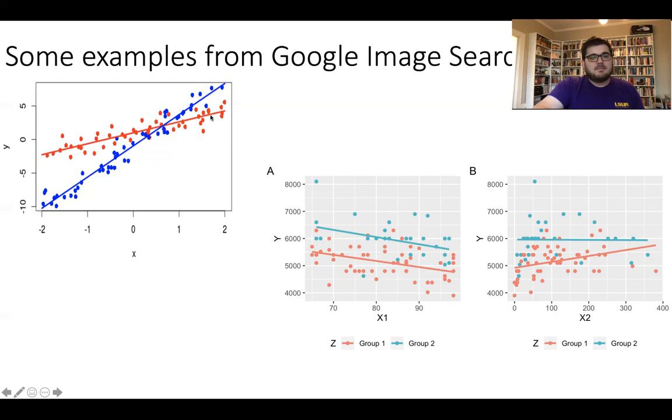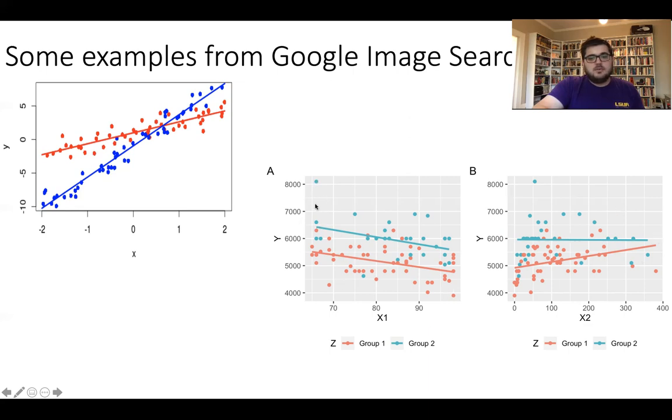It's not flat, but it's not super steep. The blue group, on the other hand, starts lower overall, but its slope is so steep that it actually ends up surpassing the red group's regression line. So you can see there's a clear interaction. It's not that the lines are parallel.